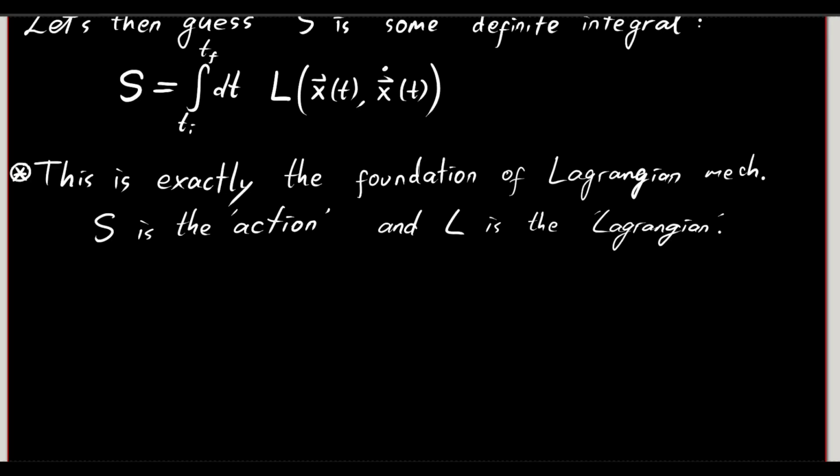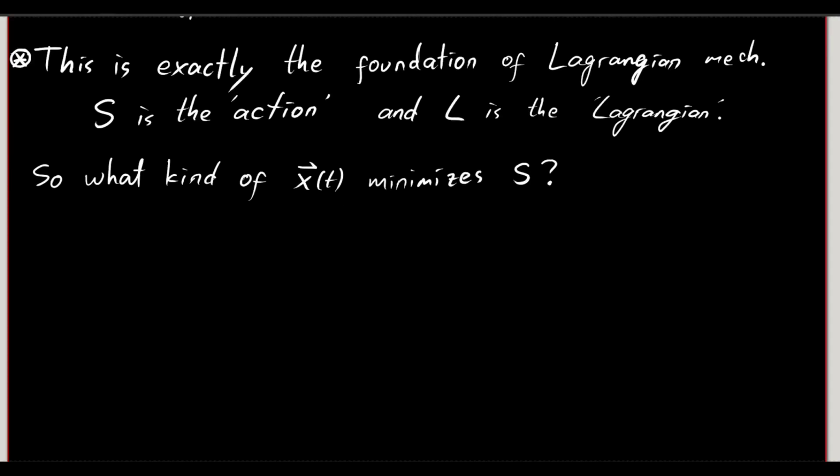So from here, okay, we got the action and the Lagrangian. What about this famous Euler-Lagrange equation? This equation answers the question, what kind of x of t minimizes S? What kind of equation does it need to satisfy?